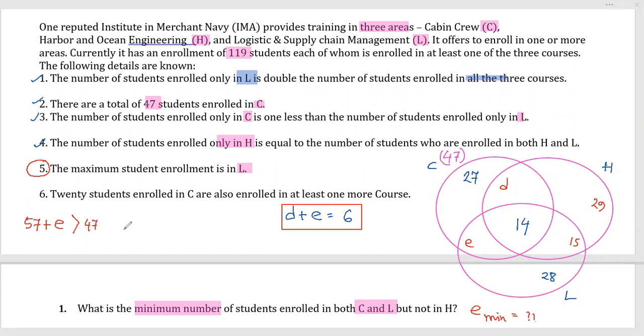It is one data. Another is 57 plus E needs to be greater than H. What is H total? 29, 29, 58. 58 plus D.